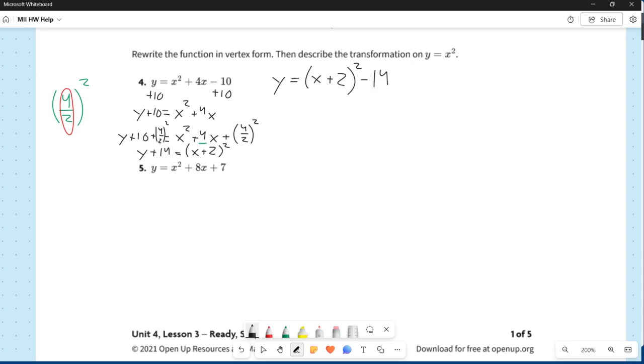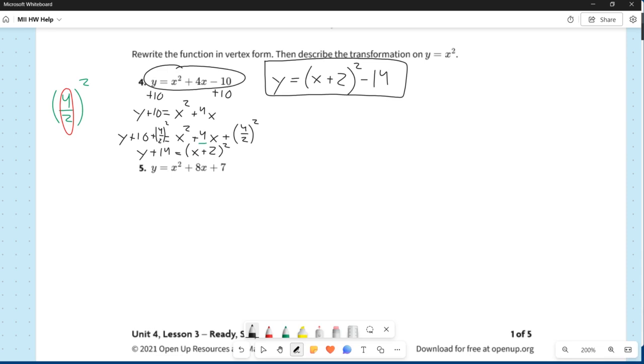And that is the same thing as our original equation. It just looks different, but it's the same thing. The first one is in standard form, I think it's called standard form. And the one that we just wrote is the same function. It's the same graph. It's just in vertex form, y equals parentheses x plus 2 squared minus 14.